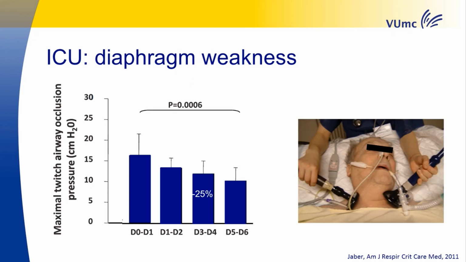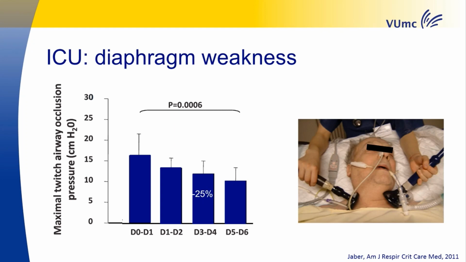And I'm very sure that everybody in this room is aware of the fact that patients in the ICU develop weakness of the respiratory muscles. There are a lot of studies out there now, and this is just an example. A very nice study from Samir Jaber in France demonstrated that after only 3 to 4 days of controlled mechanical ventilation, pressure generating capacity of the diaphragm was reduced by 25%.